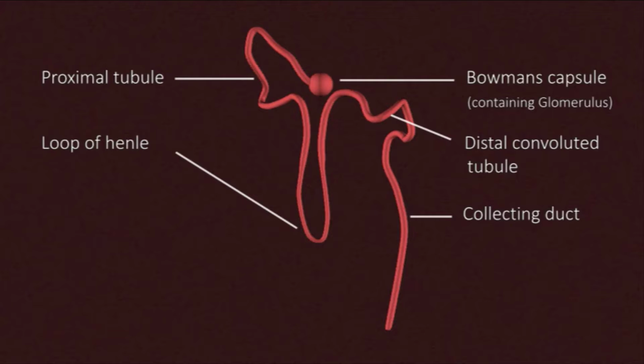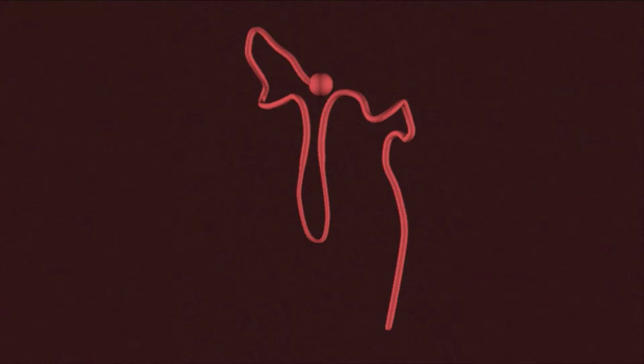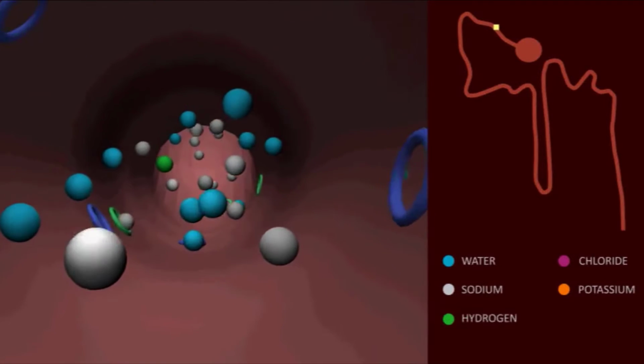The descending thin limb curves and ascends upward in the medullary region and forms the thick ascending limb. Thereafter it continues upward, and here comes the distal convoluted tubule. Further, it forms the collecting tubule and the collecting duct.